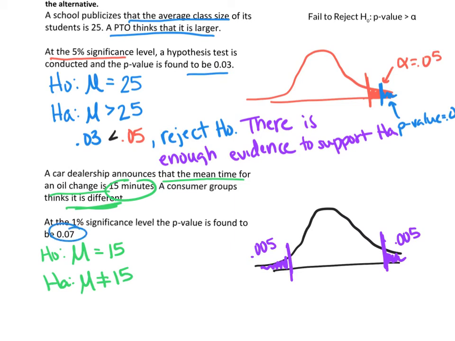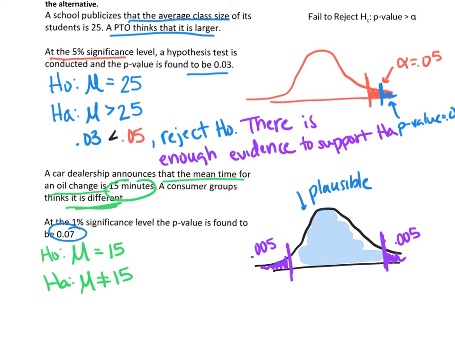So that 7% is going to fall somewhere in our safe region, which means that all of the values that sit inside the safe region are basically plausible values. They can occur by chance. So it's not unheard of. It's not unlikely for this to occur.